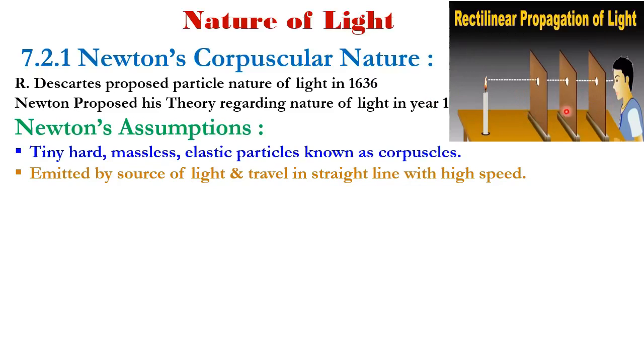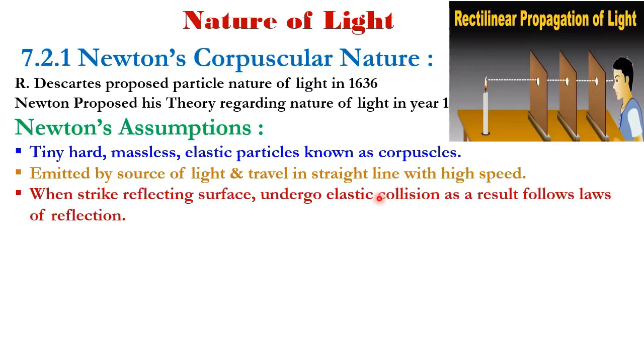He explained this phenomenon on his consideration of the particle nature of light: the light emitted by the source travels in a straight line with high speed. As it is a particle, it can travel in a straight line. So he explained rectilinear propagation of light very easily with particle nature.